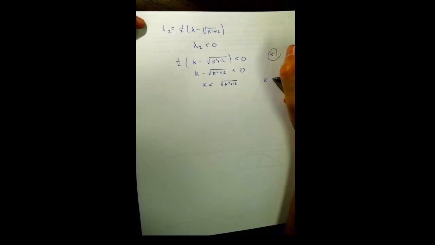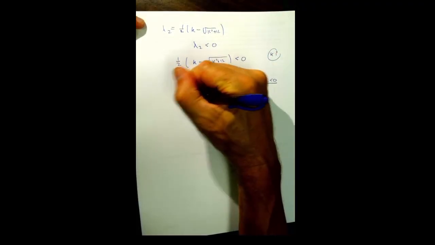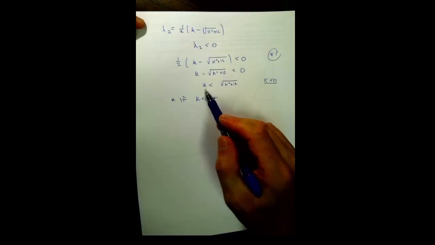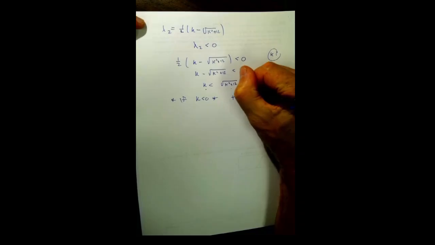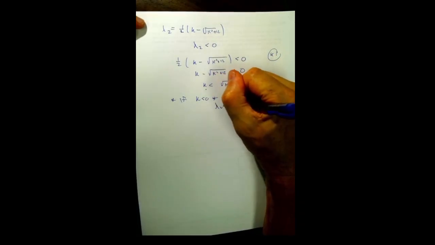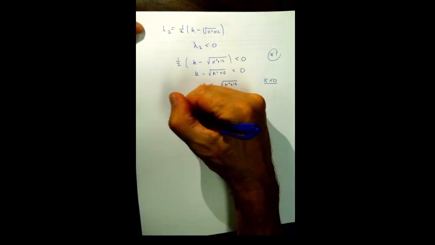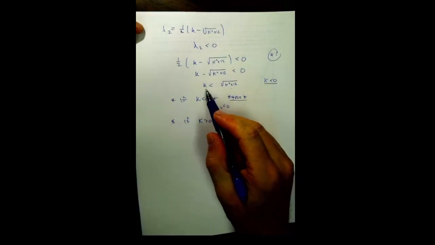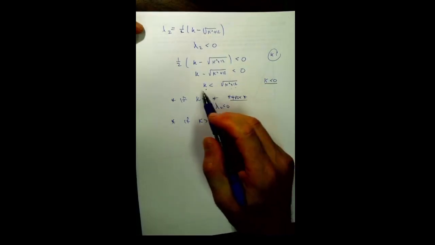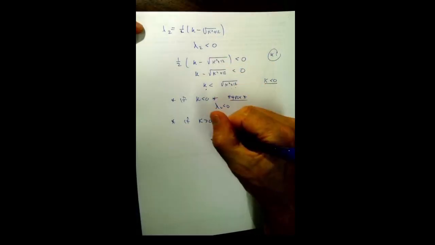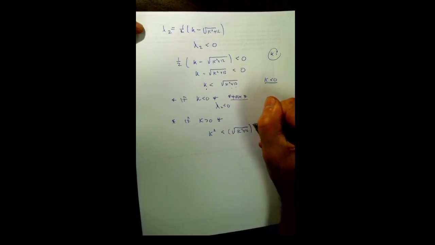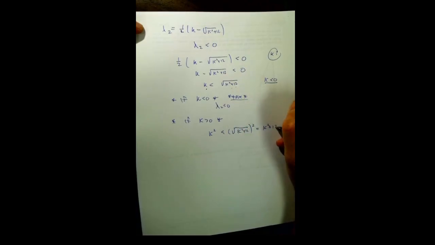So first of all, if k is less than 0, then the thing on the left is negative and the thing on the right is positive, and it's true. All right, so that means in this case, my lambda 2 is negative. If k is greater than 0, what does this imply? Well, the thing on the left is positive and the thing on the right is positive, so I can square things and I don't have to worry about signs flipping. If I square both sides, I get k squared plus 12 on the right.